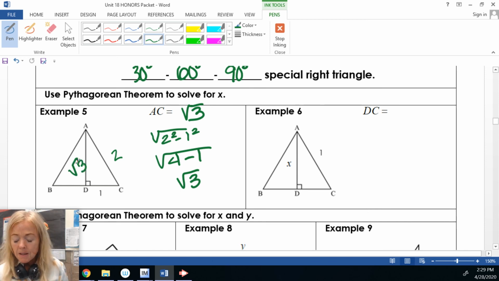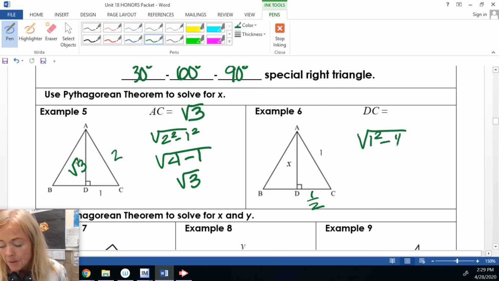Okay? And then example 2, if I know this is 1, DC would be 1/2. And then I would have the square root of 1 squared minus 1/2 squared, because we have the hypotenuse and the leg, and we subtract the squares of the sides.